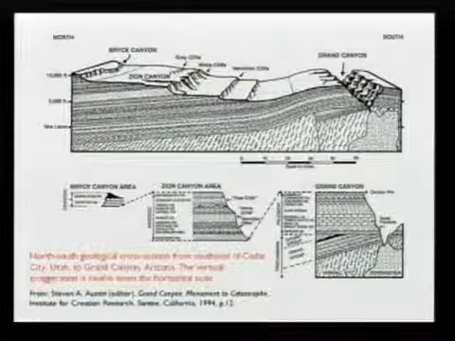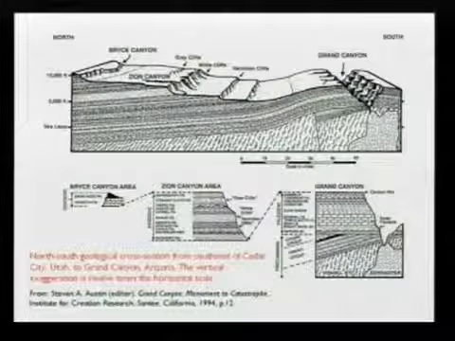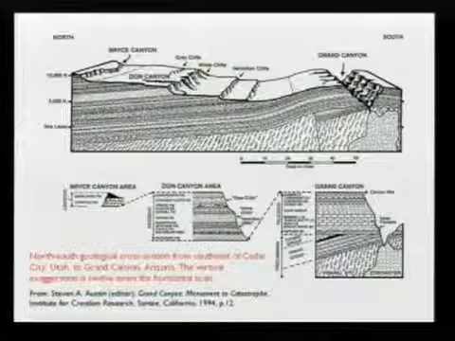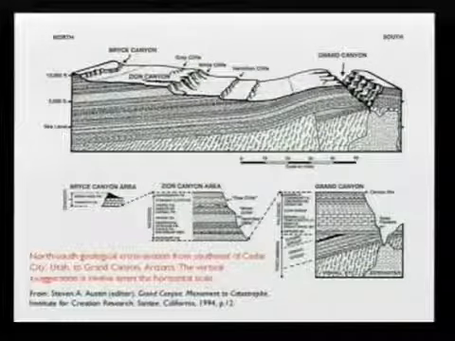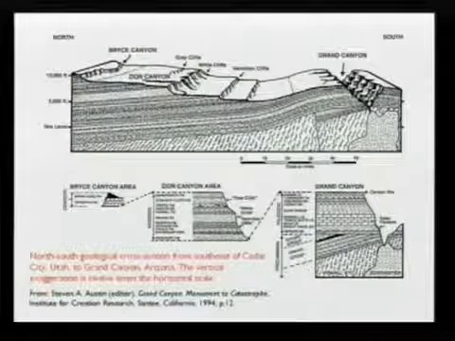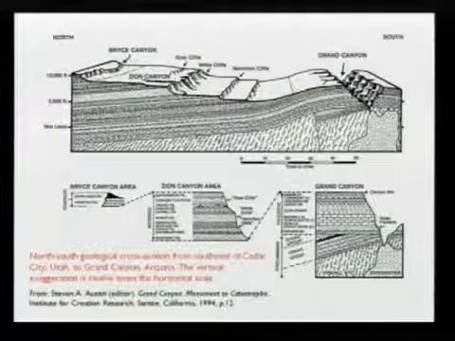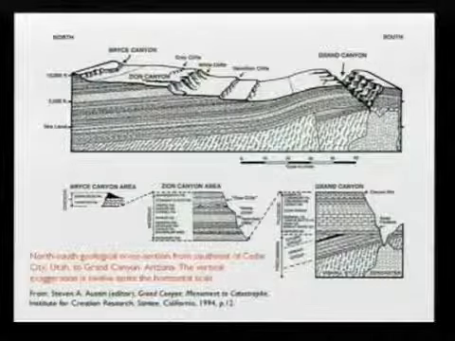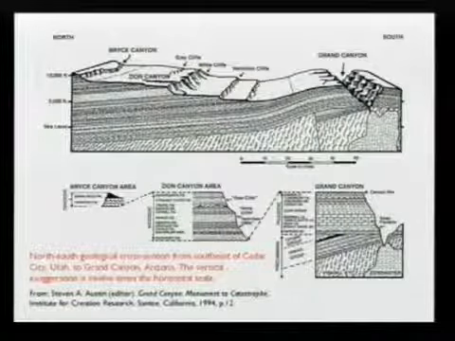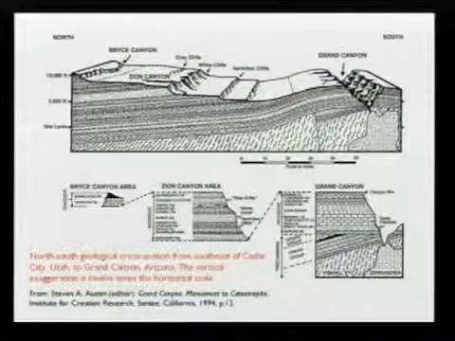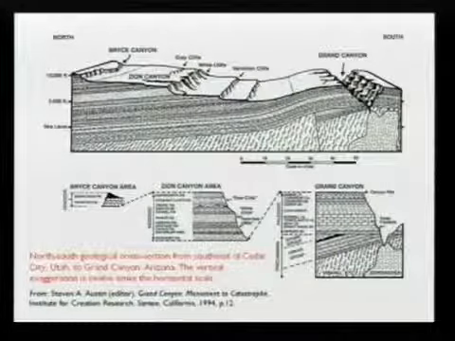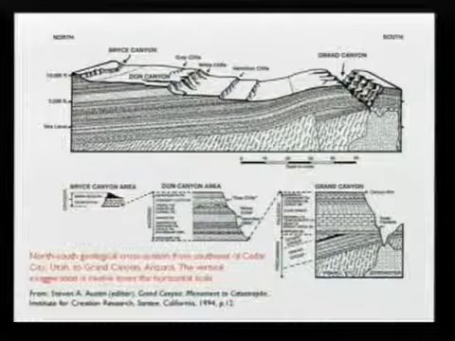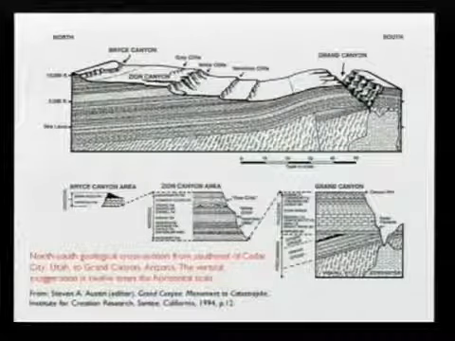Now, about 6,000 feet of younger Mesozoic sediments were deposited on top of this Grand Canyon succession. But they've been eroded away from the area around the canyon rim, so they're not actually present there at Grand Canyon. However, if you travel north from Grand Canyon and go into southern Utah, you find that these younger sediments are exposed in a series of steps, which you can see here in this slide.